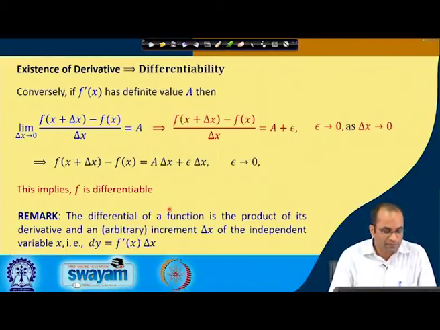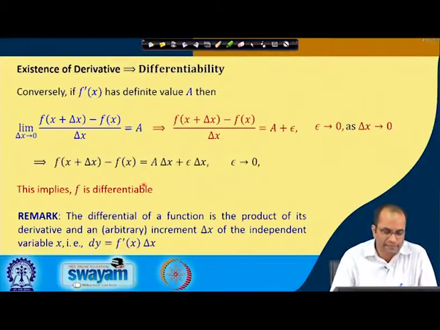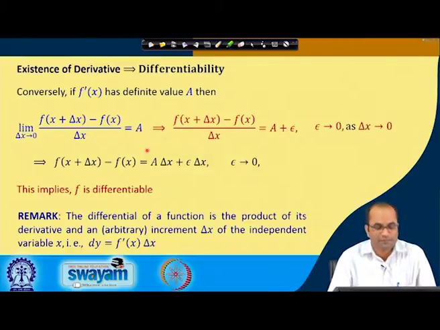So what we have learnt now is that the differential of the function, which we introduced as dy, is this term A times delta x. The differential of the function is the product of its derivative, because A is nothing but the derivative of f, and the arbitrary increment delta x.